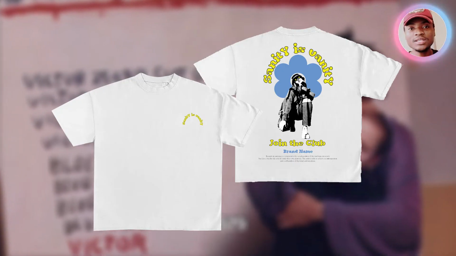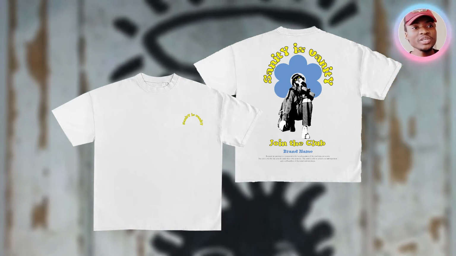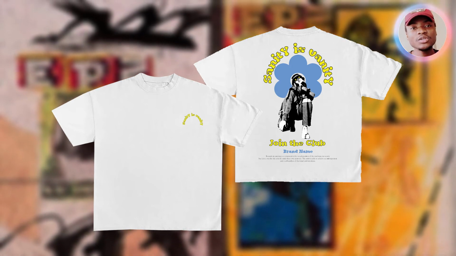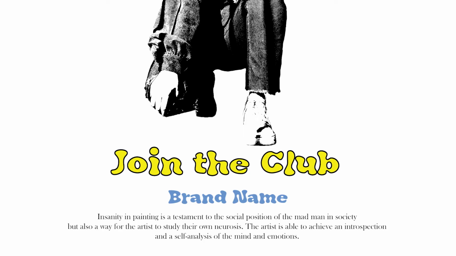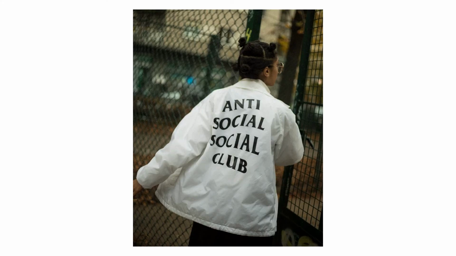The aim is to focus the message on the people who align with said message to increase brand awareness and creative direction. This design works as sort of a poster that invites people to a club where members are encouraged to fully express themselves artistically, similarly to what Anti Social Social Club, the streetwear brand, did as well. When you wear the brand, you feel like you are part of a club.